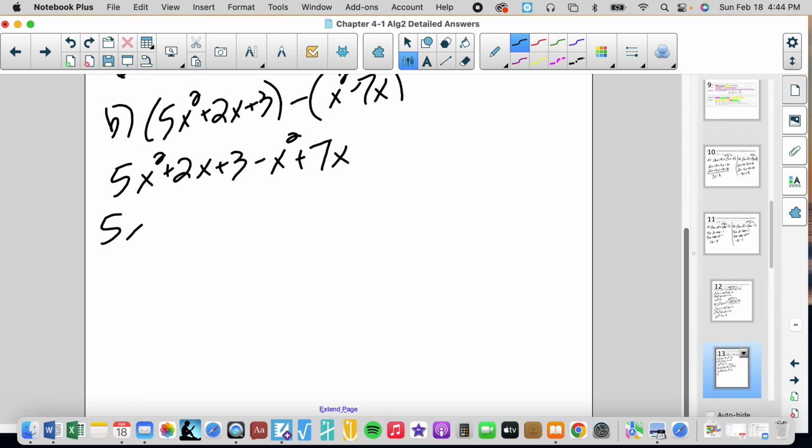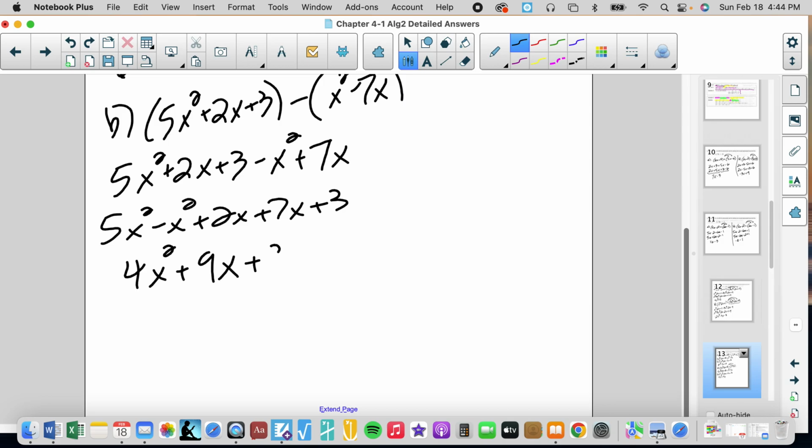It's not taking up so much time that you're not going to get through your material. So this is 4x squared plus 7, 8, 9x plus 3. So 4x squared plus 9x plus 3.